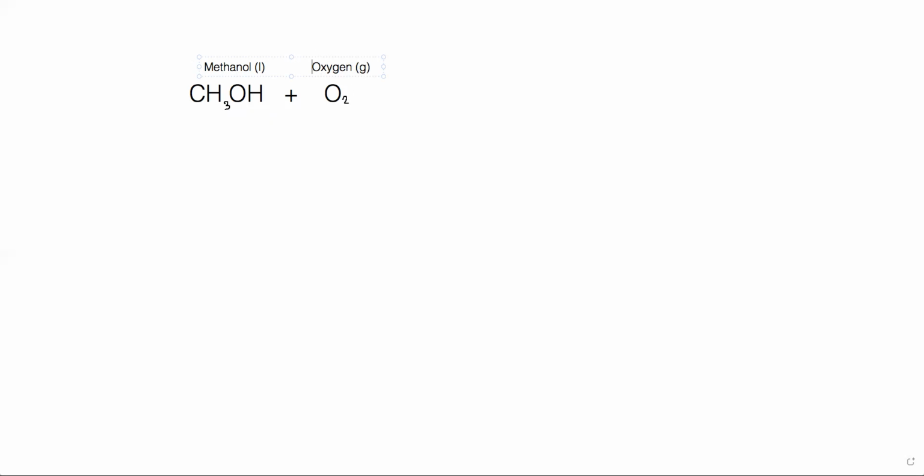So we need to decide what kind of a reaction we think this might be. Any suggestions? I'll give you a hint. Look at the second reactant. Oh, it's combustion. It is combustion, yes. Every time we have something reacting with O2, it's going to have to be a combustion reaction.